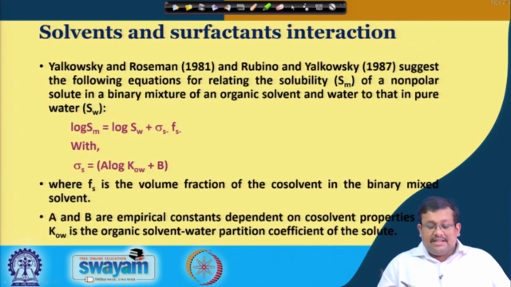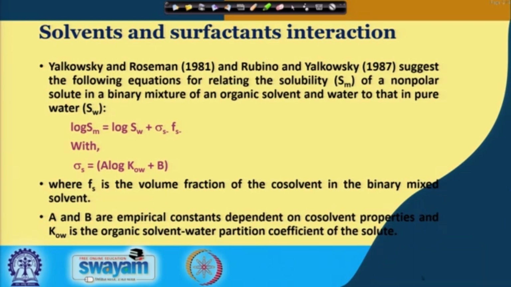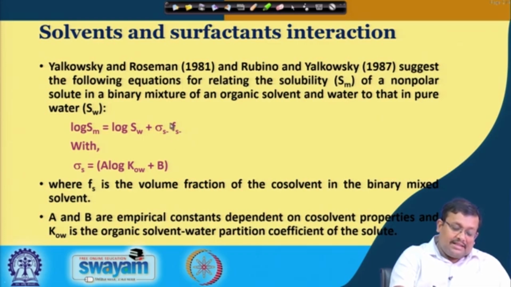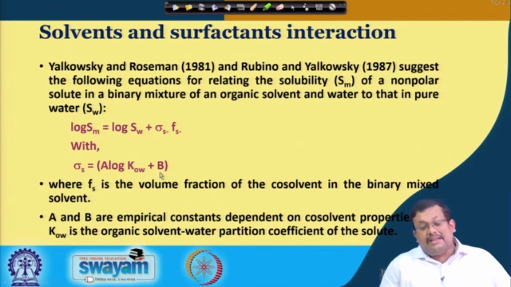We have discussed this in terms of the relationship between the solubility in a mixture of solvents, which is basically the solubility in pure water plus this component, sigma Fs, where sigma is basically taking the form A log KOW, where KOW is the organic solvent water partition coefficient, and A and B are empirical constants depending on co-solvent properties.